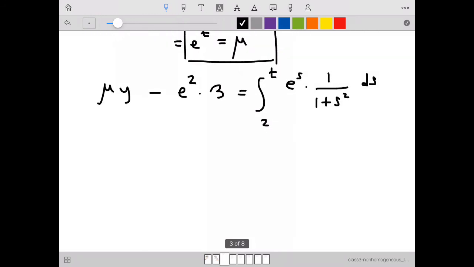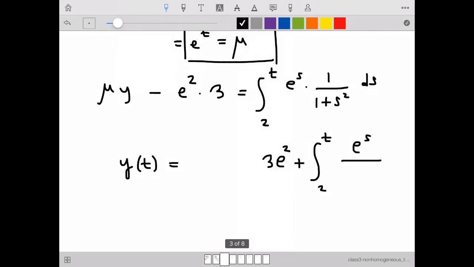So y of t is, first, if I move the constant to the right-hand side, I get the integral of e to the s over 1 plus s squared ds. And then we will have to divide this by mu. So now that becomes e to the minus t.